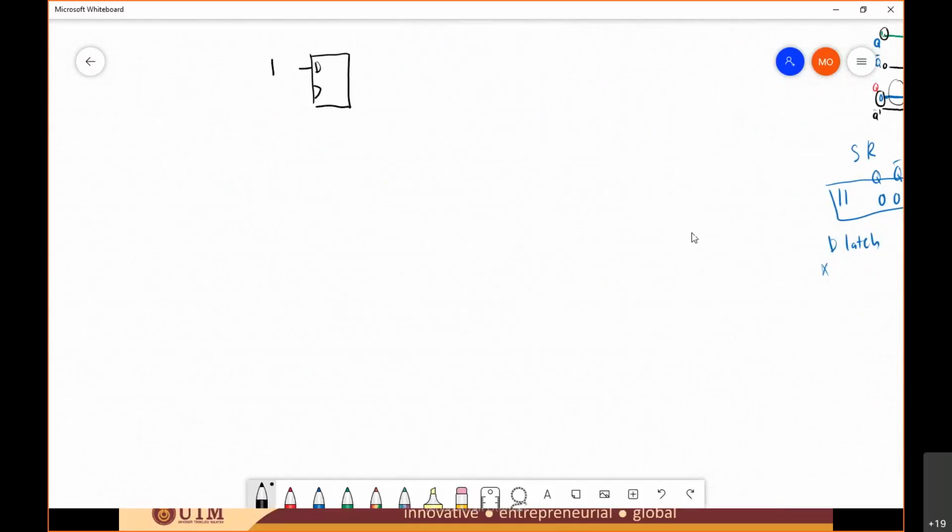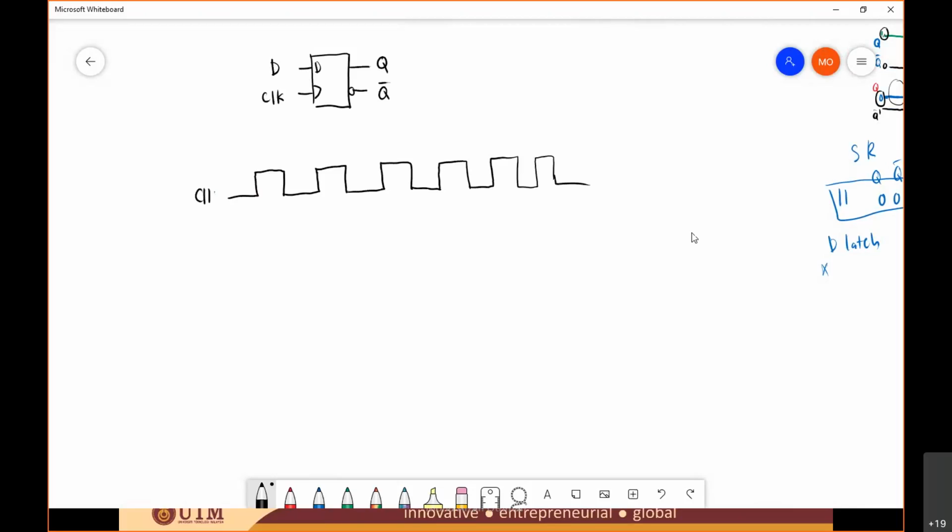So this one you sambung kepada C and D, and this one you sambung kepada clock. And this is your Q and Q bar. Okay, so this is your clock source. So this is your clock, and this is your input D.